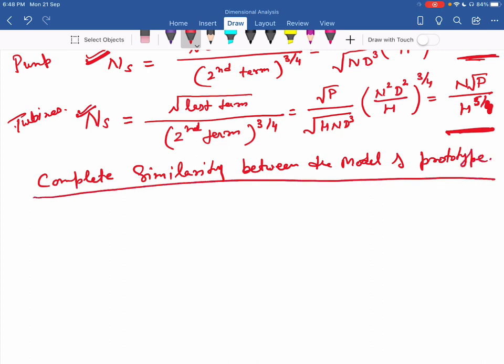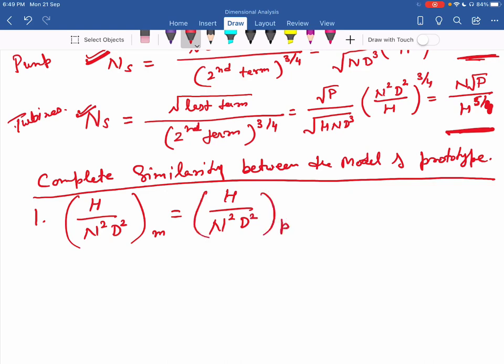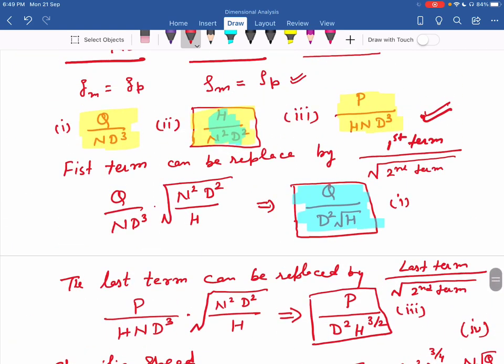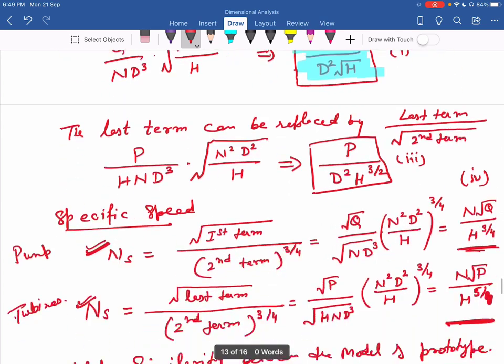The first set of equation I have is h upon n square d square for model equal to h upon n square d square for prototype. That is my equation number 2. So that is my first important equation.